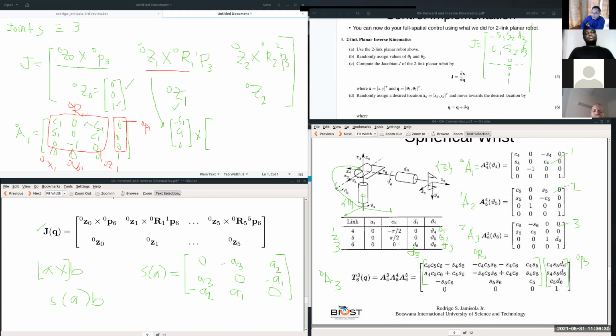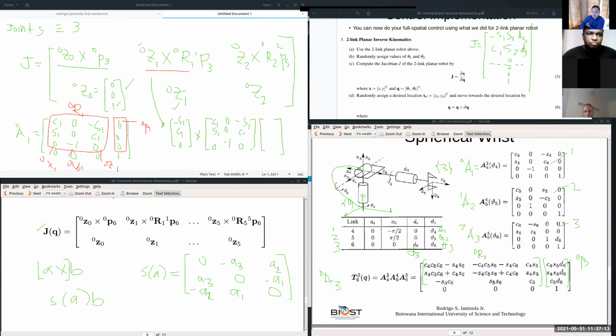What is 0R1? 0R1 is this: C1, S1, 0, 0, 0, minus 1, minus S1, C1, 0, multiplied by 1P3. What is 1P3? So now we need to compute from here. Manually it is really very tedious, but we have to do it.